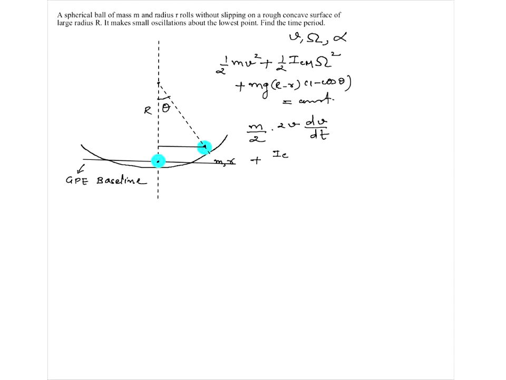I CM is constant, then d omega by dt. m g is constant, R minus r is constant, derivative of 1 is 0, derivative of minus cos is sine, d theta by dt, equal to 0.